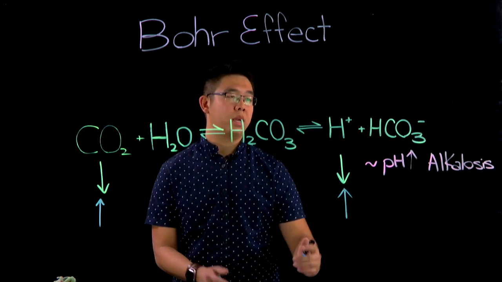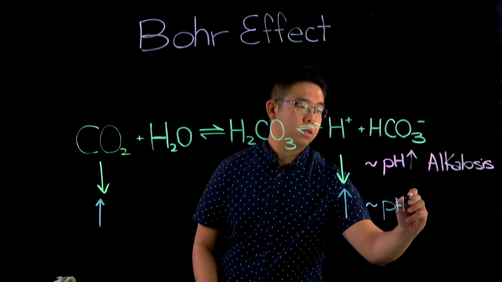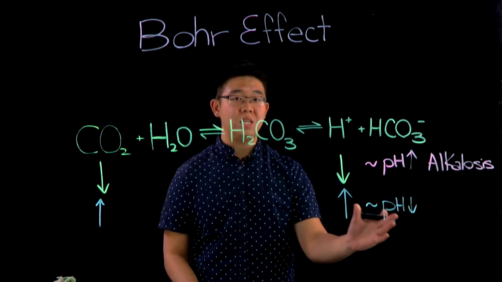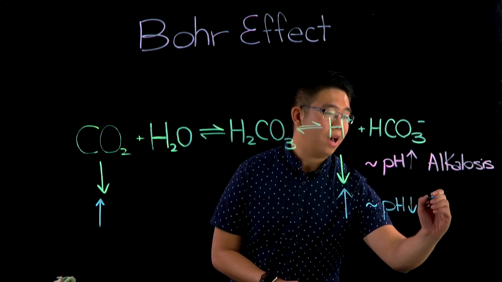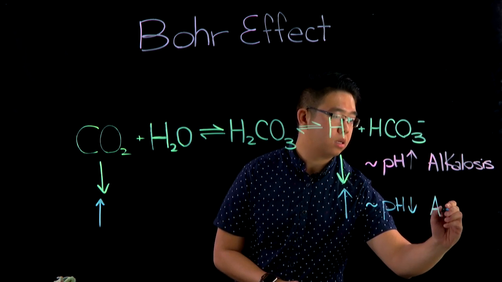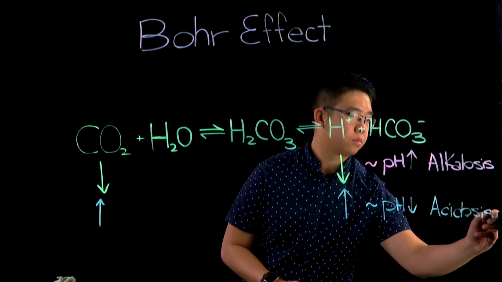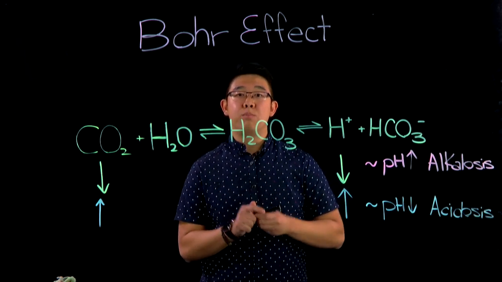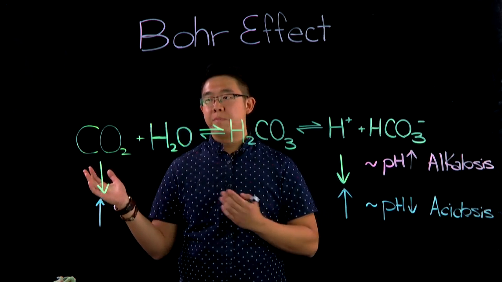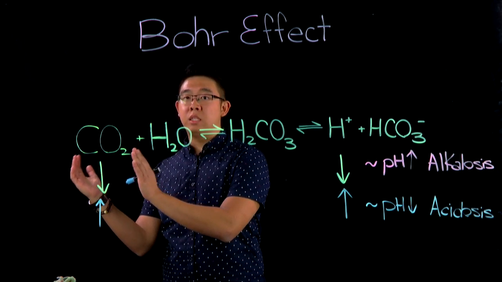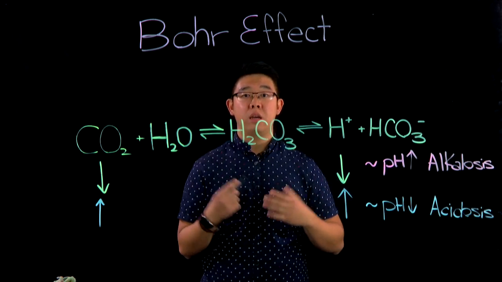And if that were the case, you would expect pH levels to decrease. This decrease in pH is associated with another condition called acidosis. So this Bohr effect is a great idea in which CO2 levels really dictate how your pH changes in your body.